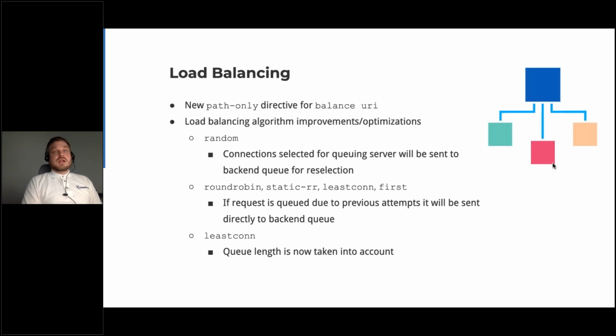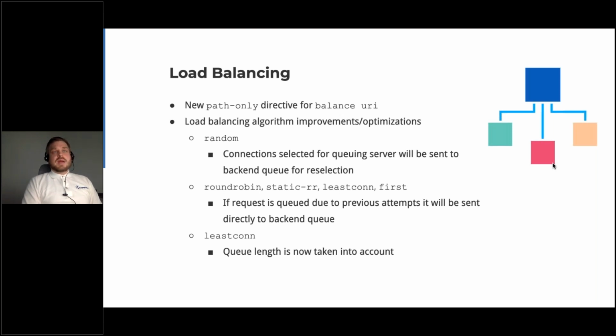One of the challenges this introduces is creating a uniform hash of URIs when incoming requests have a mix between HTTP/1 and HTTP/2. To solve this, a new option for balance uri was introduced, which is path-only. That indicates that the hash should be calculated using only the path of the request. This normalizes HTTP/1 and HTTP/2 requests.